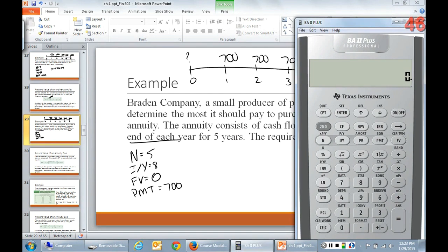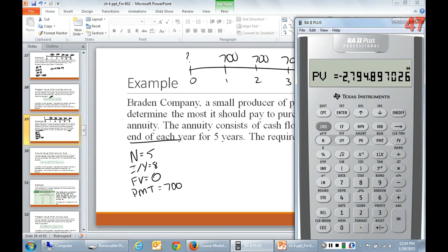So N is 5. The interest rate is 8. The future value is 0. And the payment is $700. So we compute the present value. And you get $2,794.90. Again, a negative sign makes sense because that would be how much you would be willing to pay to receive $700 a year.